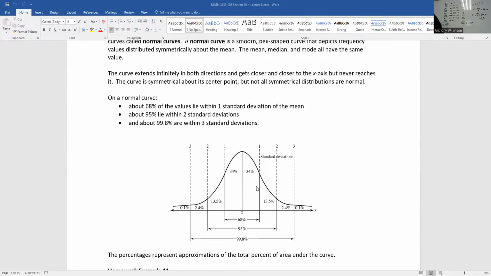So within one standard deviation of the mean, you'll have 68% of all of your data values. Next, about 95% lie within two standard deviations of the mean. So two standard deviations to the left and to the right. If you add 13.5%, 34%, 34%, and another 13.5%, that adds up to 95%.